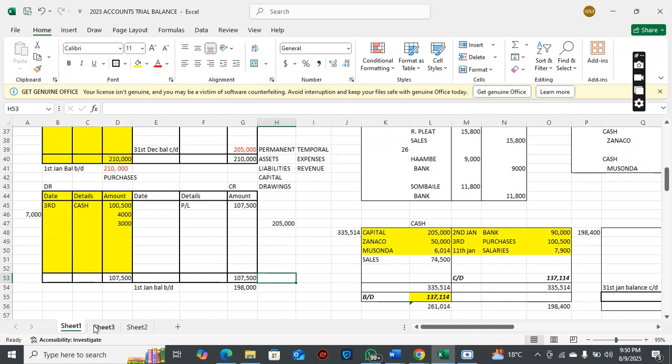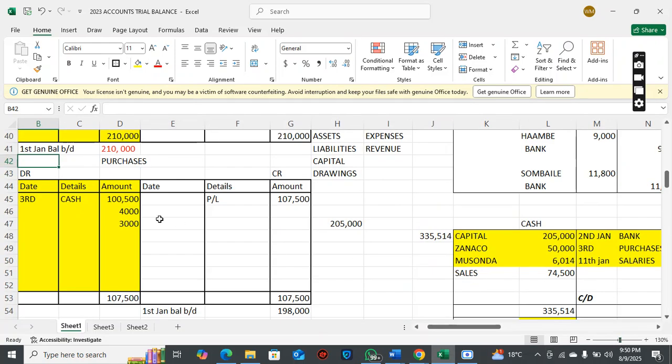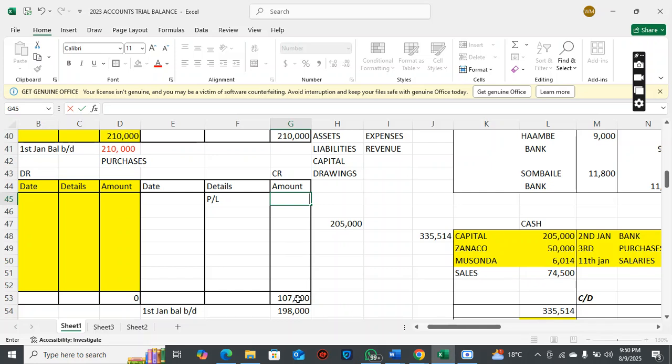So for example, if this was the purchases returns account, we'll have entries on the credit side, since it's a contra expense. Let's say John, this is a supplier we returned to, 5,000. Mark, another supplier we returned to, 7,000.